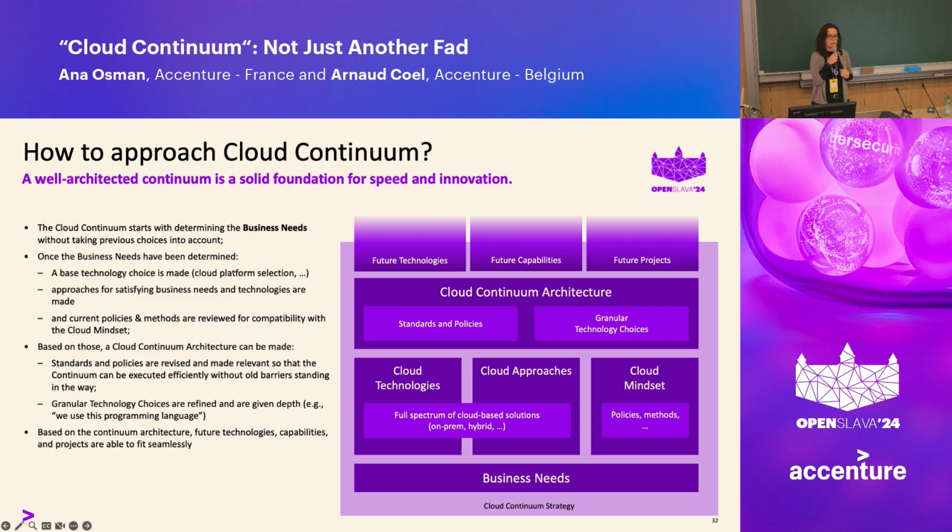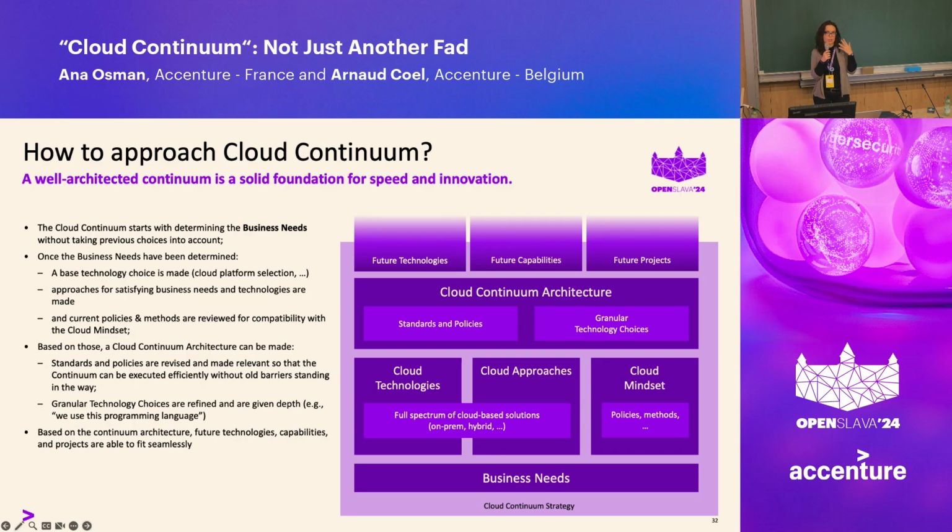It's also really important. Based on all this, then you can build your Cloud Continuum architecture with standards, policies, and granular technology choices. And then we can say that you're ready for your future technologies, capabilities, and projects.